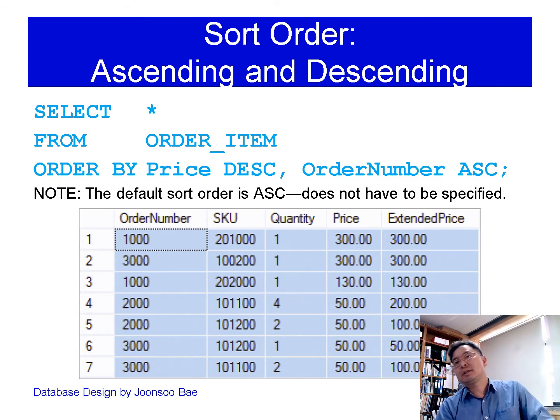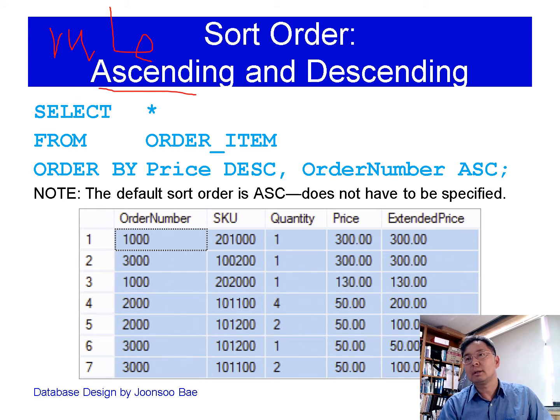This explains ordering rules. There are two types of ordering rules, ascending and descending. Ascending means increasing the data, descending means decreasing the data. Here I use ORDER BY with price as the first criteria and the rule descending.